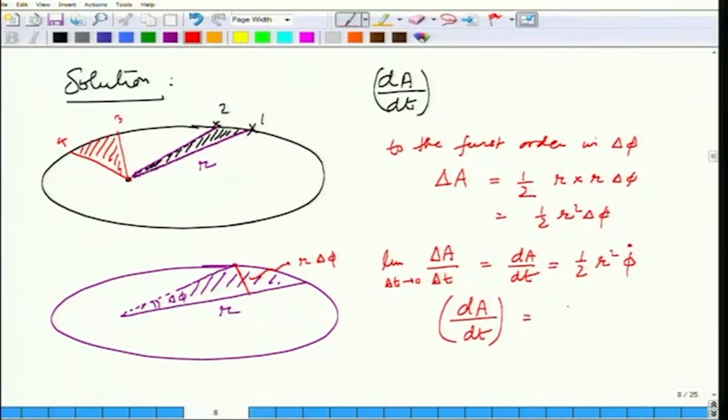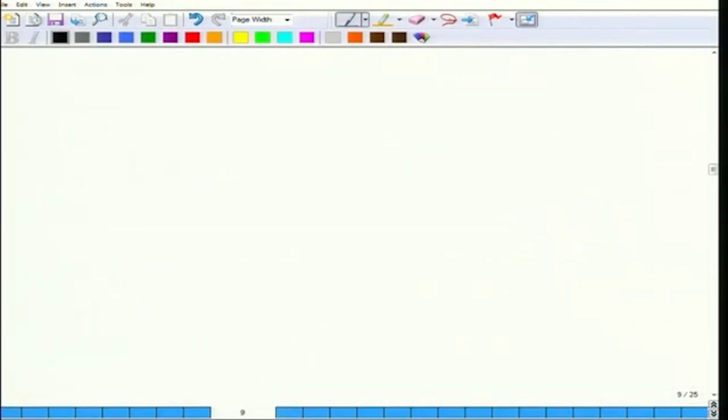So dA dt is 1/2 r square phi dot. Now you see why I neglected the second order. If I included the second order, with delta t going to 0, it is going to vanish, because delta phi delta t divided by delta t is going to be finite, but delta phi will go to 0.